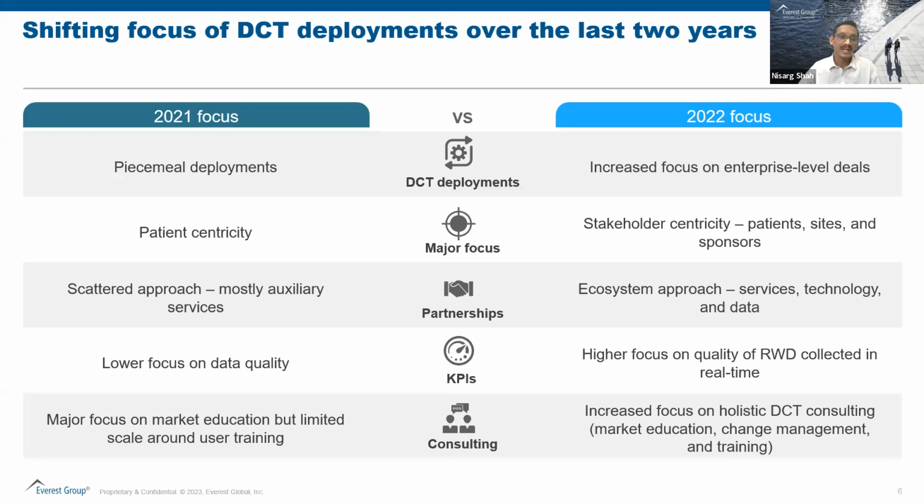We also realized that sites were one of the largely ignored stakeholders in the 2021 assessment, wherein they had to log into multiple solutions or interfaces. They had a lot of struggle in terms of adopting these upfront. So there was a lot of focus which went into improving the site interface, bringing in all those functionalities into the mix.